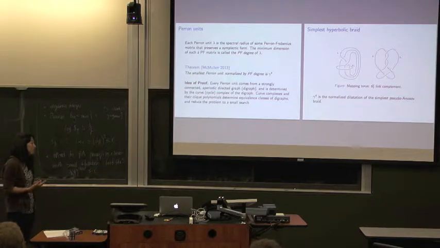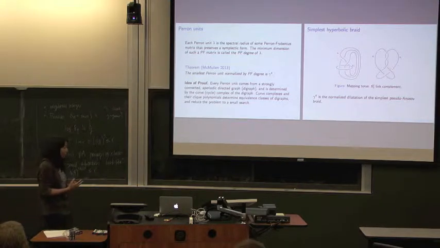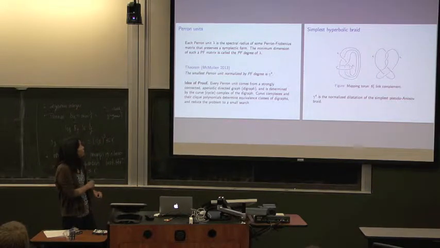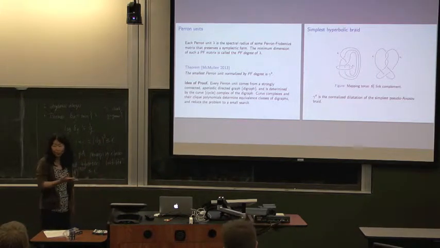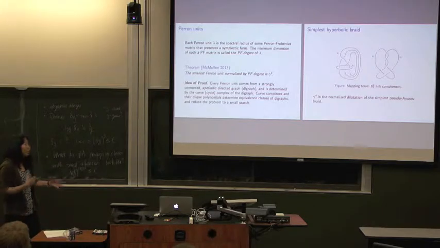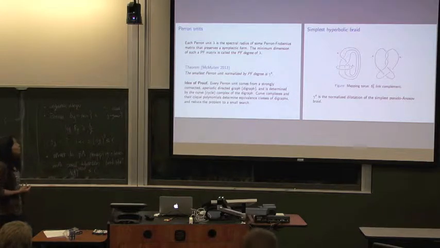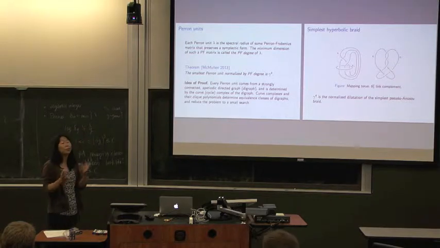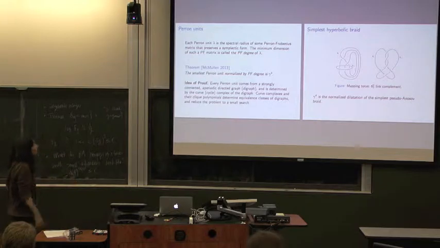To compute the dilatation of a pseudo-Anosov mapping class, one way is to take a train track map, and the transition matrices preserve the symplectic form on a weight space.